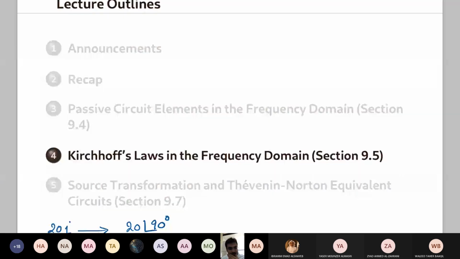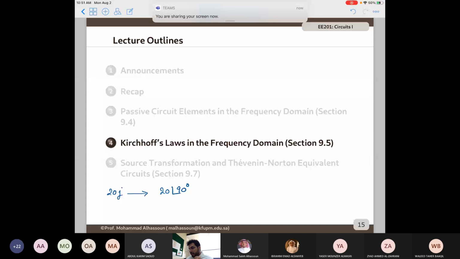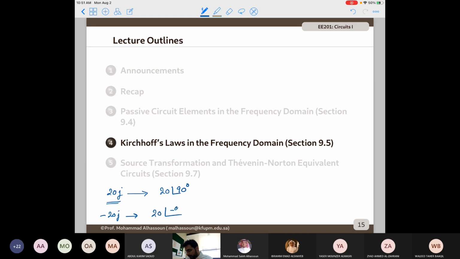So when you have 20J, the polar form of this one is 20 angle 90. If you have minus 20J, then the polar form is going to be 20 angle minus 90.